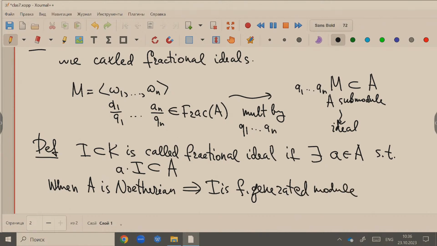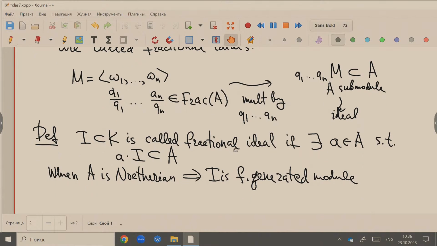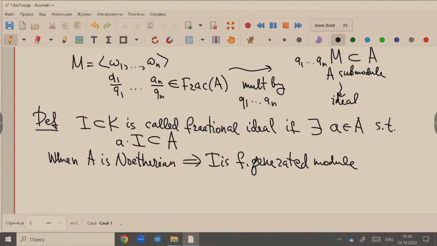Just because you can pass, I is just, so I is equal to A inverse. So AI is an ideal. Okay.